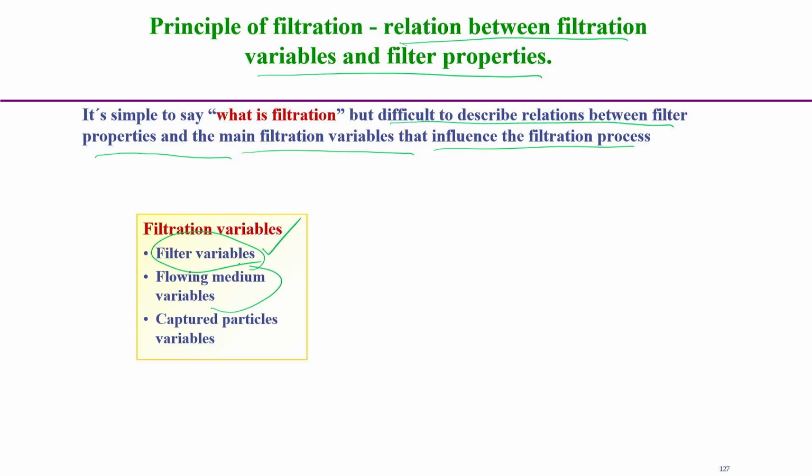The flow medium variables are also very important, like the viscosity of the medium and the flow rate of the medium, which also affect the filtration efficiency and characteristics. And also the particle variables. What is the type of particle? Like whether it is a large particle, the shape of the particle, and what is the distribution of the particles. All these variables affect the filtration efficiency, and these are called filtration variables.